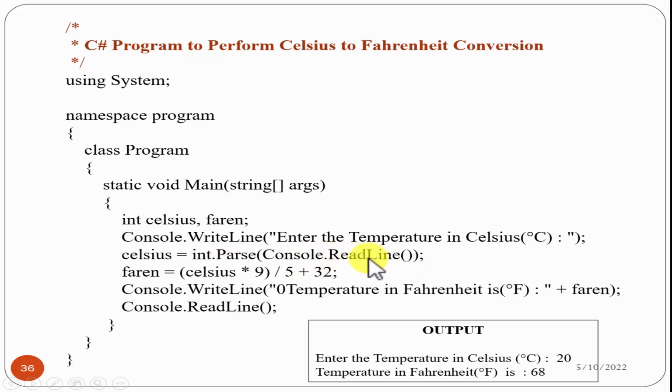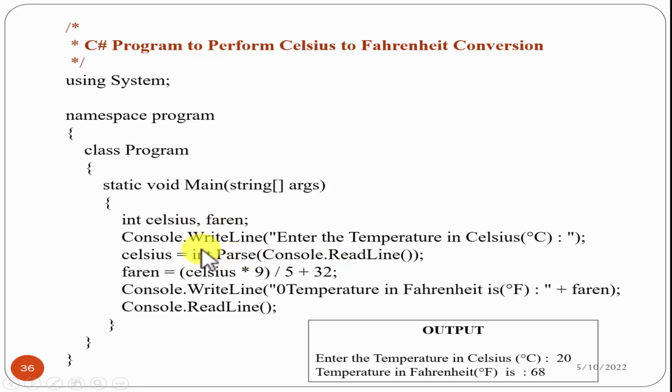I told you already in the type conversion section, whenever we enter a value from the keyboard, it is always in the form of a string. And you want to put the value into an integer type variable. So how can we convert this string type value to integer type? We use the Parse method.